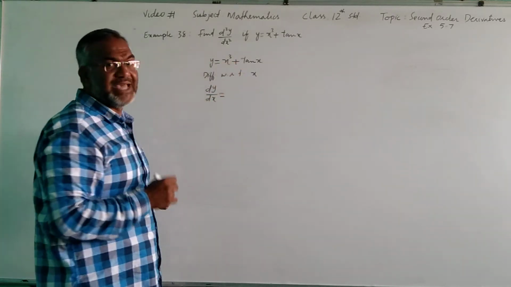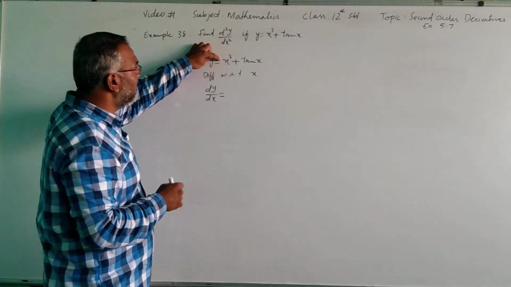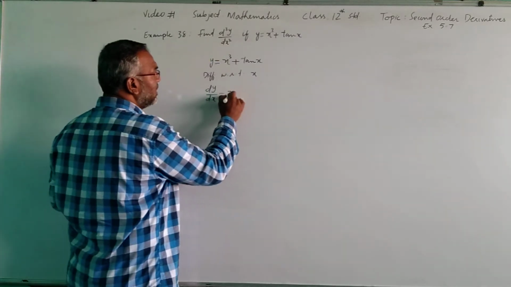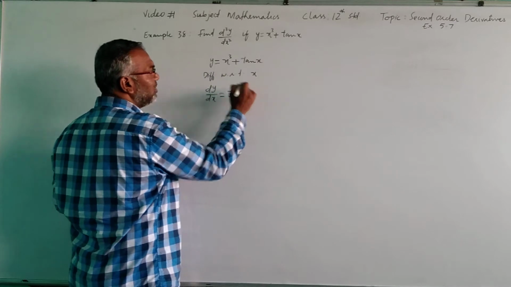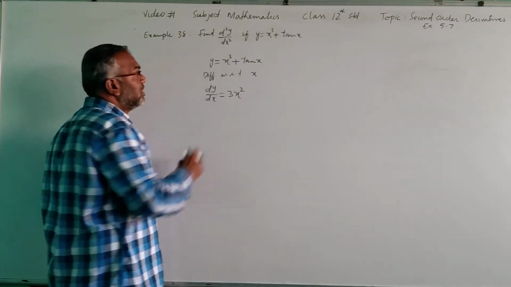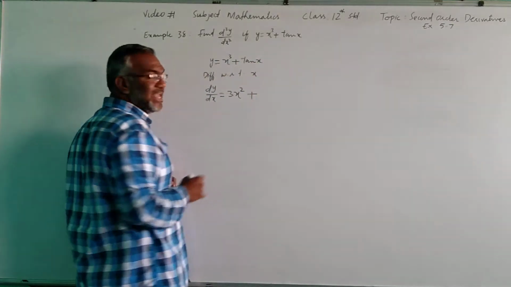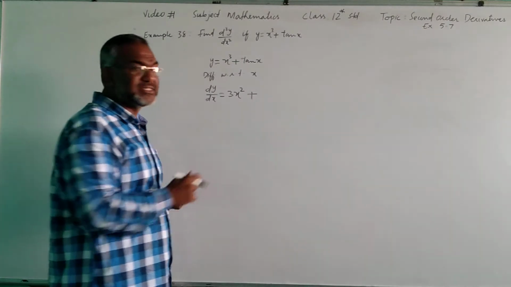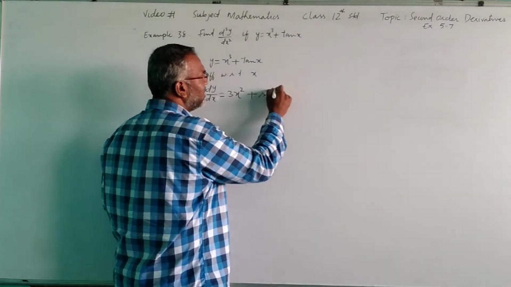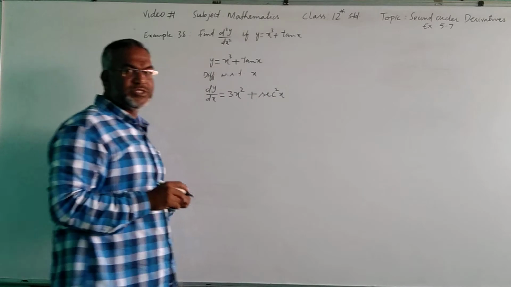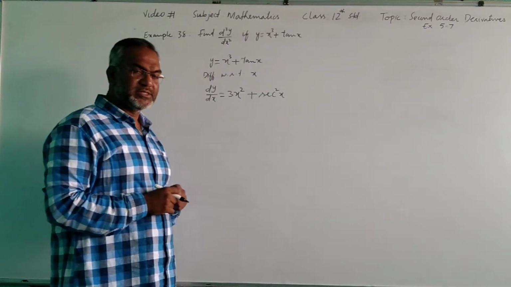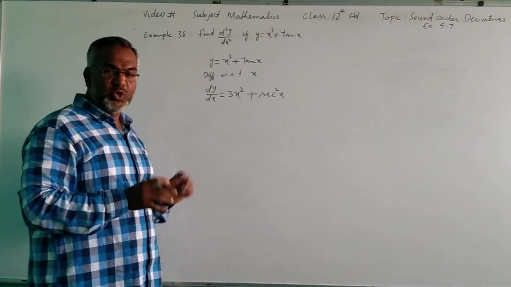X raised to n is n x raised to n minus 1. So 3 will multiply here, 3x, 3 minus 1 will be 2, 3x square, plus differentiation of tan x. Differentiation of tan x is sec square x. You can directly differentiate this. First order derivative is over.